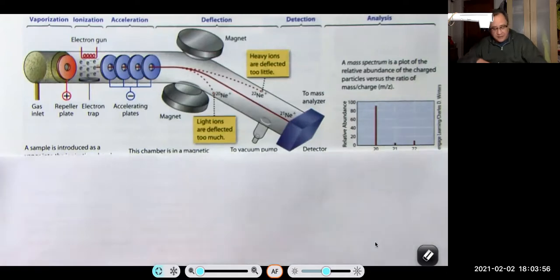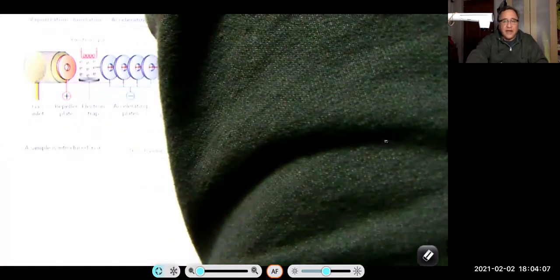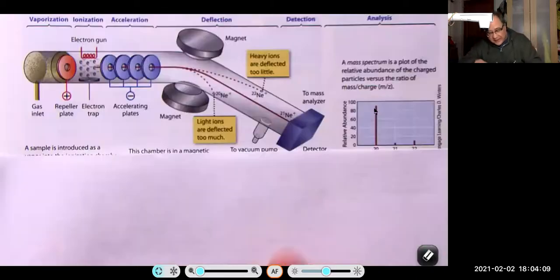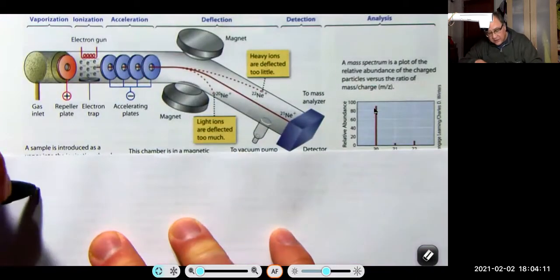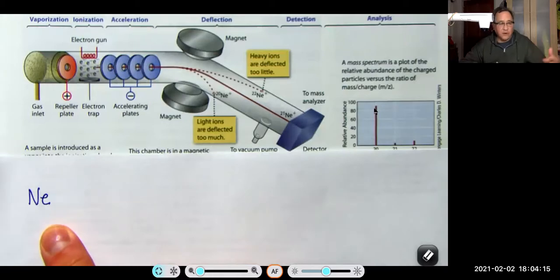In the vaporization area, substances are turned into gases. In this particular case, they're looking at neon, which is a gas. So these are individual atoms of neon floating around in the air, as it were.